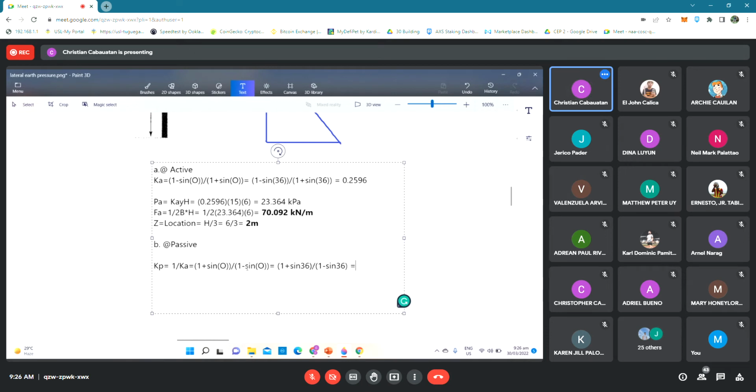Therefore, the value would be equal to 3.85. Is that right?